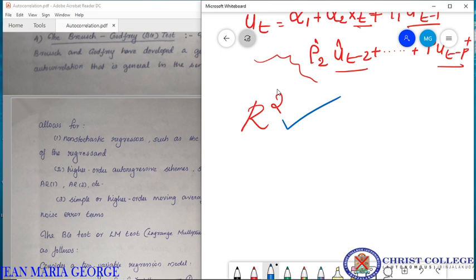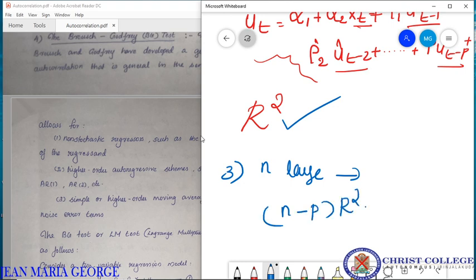Then the third step: if the sample size n is large, then the BG test can be stated as (n minus p) times R square following a chi-square distribution with p degrees of freedom.